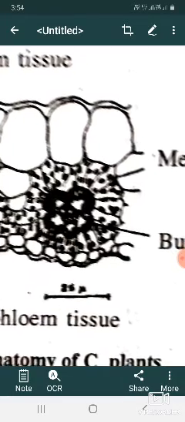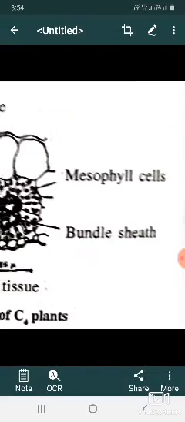Types of C4 plants: three different types of C4 plants are recognized.